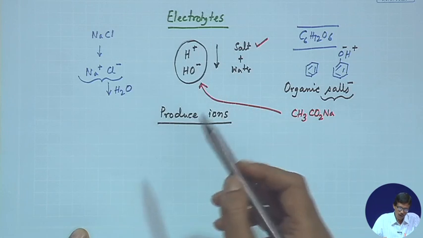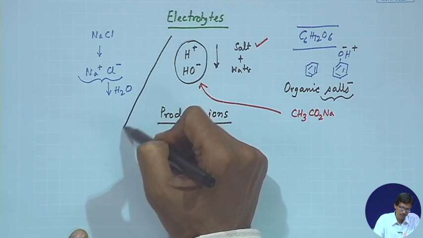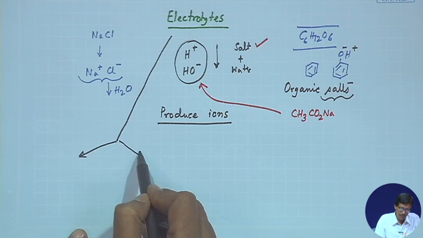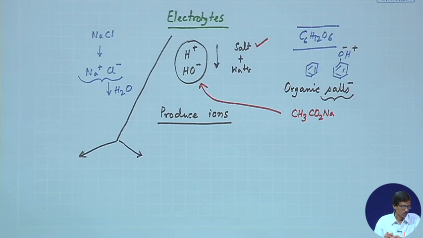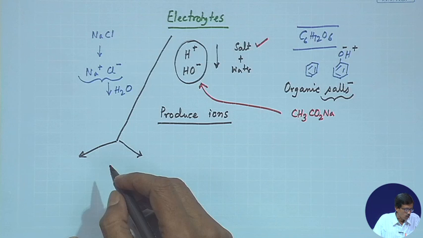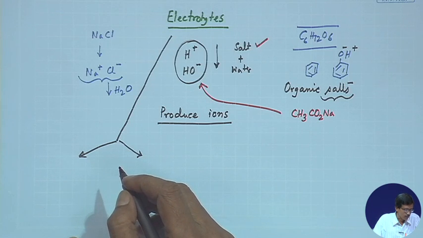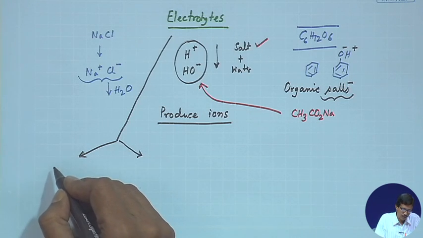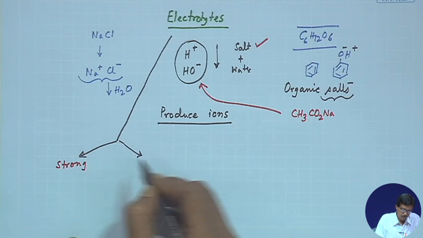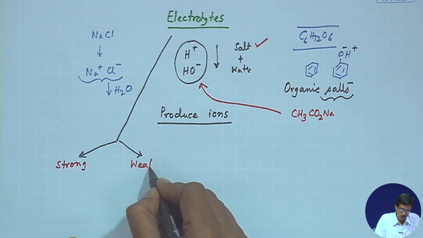These electrolytes produce ions. How many of those ions form, and what are those particular ions? In this process, one electrolyte will be strong and another will be weak.